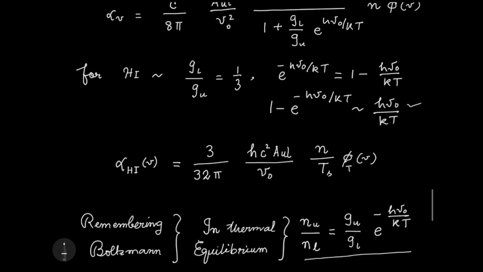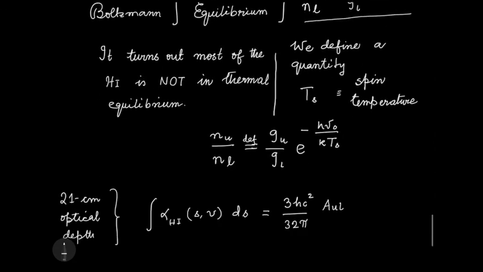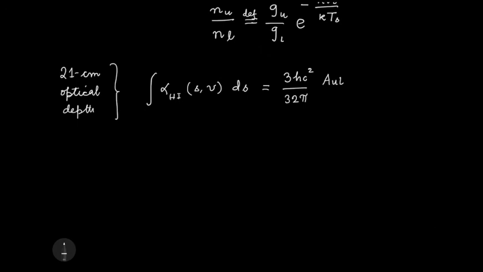So I just remember the expression because I'm just writing down what is written over here. 3hc square by 32 pi A_UL by nu 0.